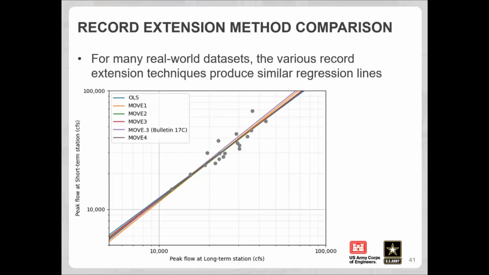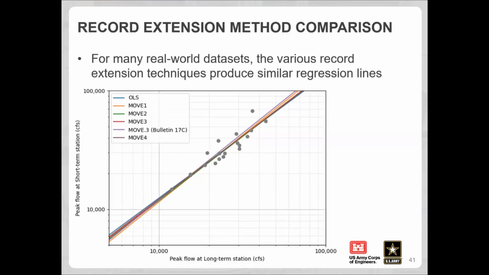And then I guess I'll end with just a couple take-homes. One is that the Move 3 process maybe sounds daunting or challenging, and there's a whole lot of other record extension techniques that you may have used in the past.